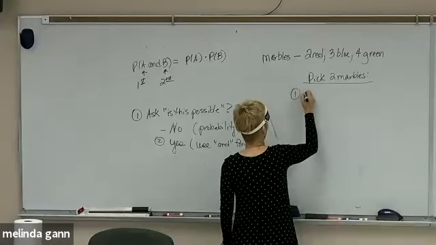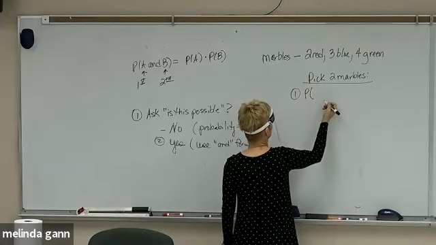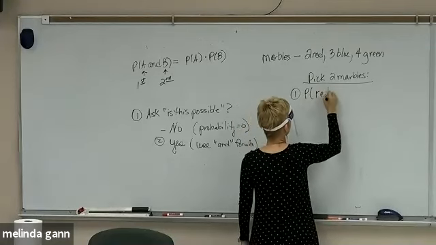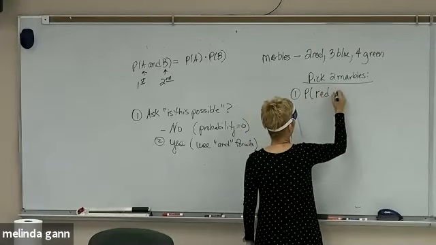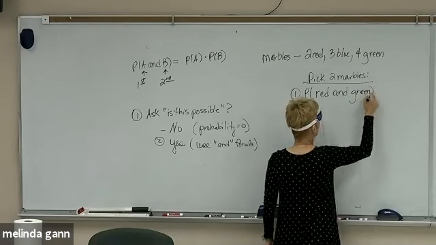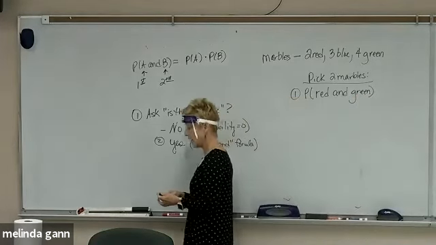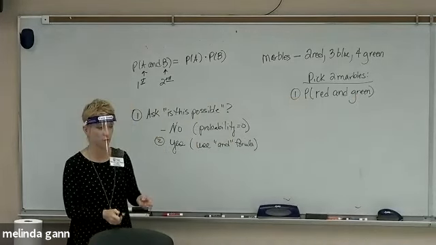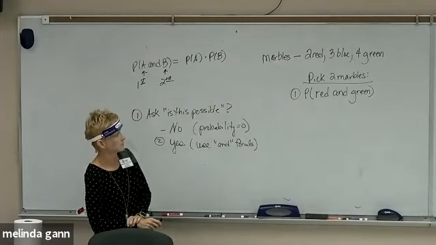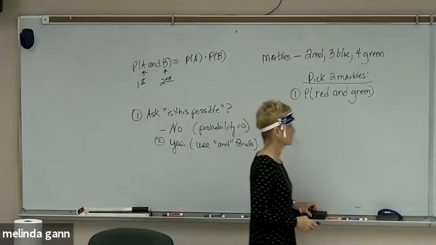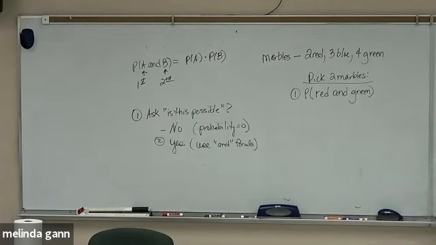And I want to know what's the probability that you get a red and a green. What's the probability that you get a red one first and a green one second? So see if you can figure out what to do, because I gave you the formula.